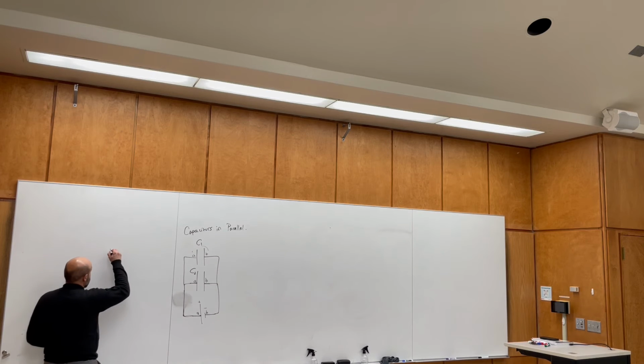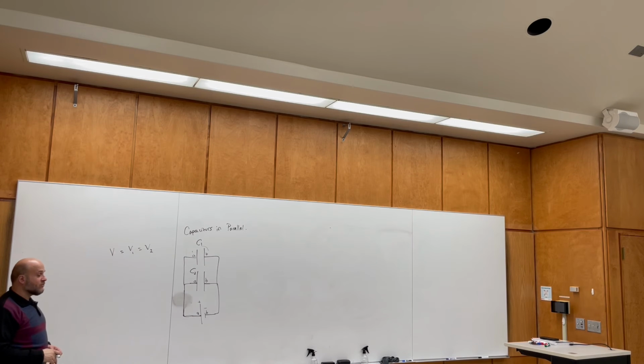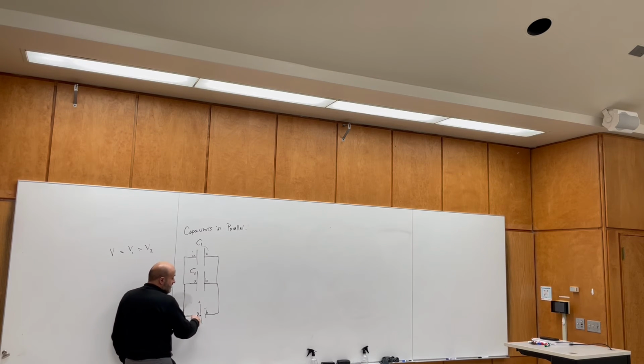So that means V equals V1 equals V2. So when they are in parallel combination, the two capacitors have the same voltage. For the charge coming from the battery, that's the source of the charge. So this charge is Q coming from the battery. And as you see, this plate and this plate both are connected to the same battery.